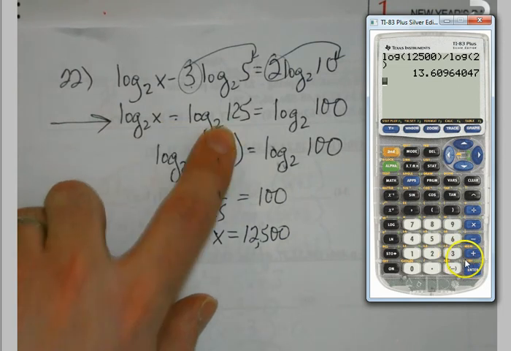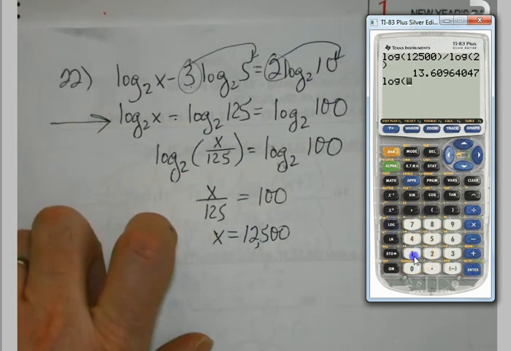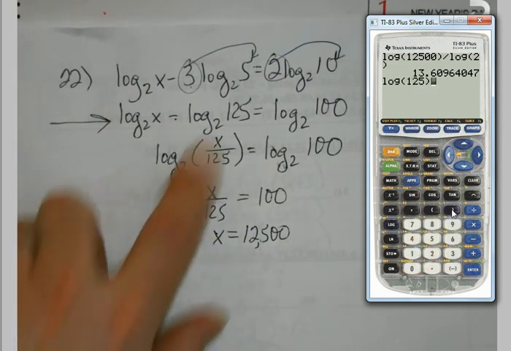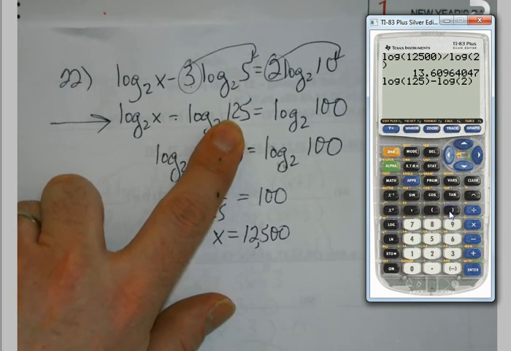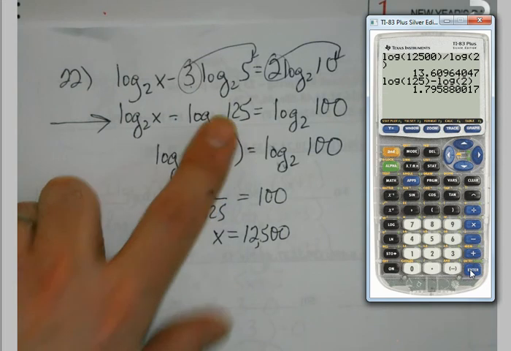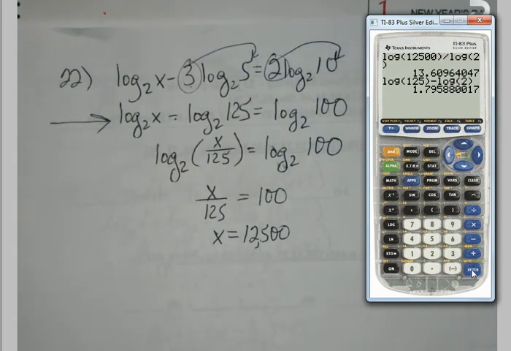So then I would have the log of 125. So I'd be subtracting those two values. And I'm not going to yet because you're going to be able to see here in a minute.